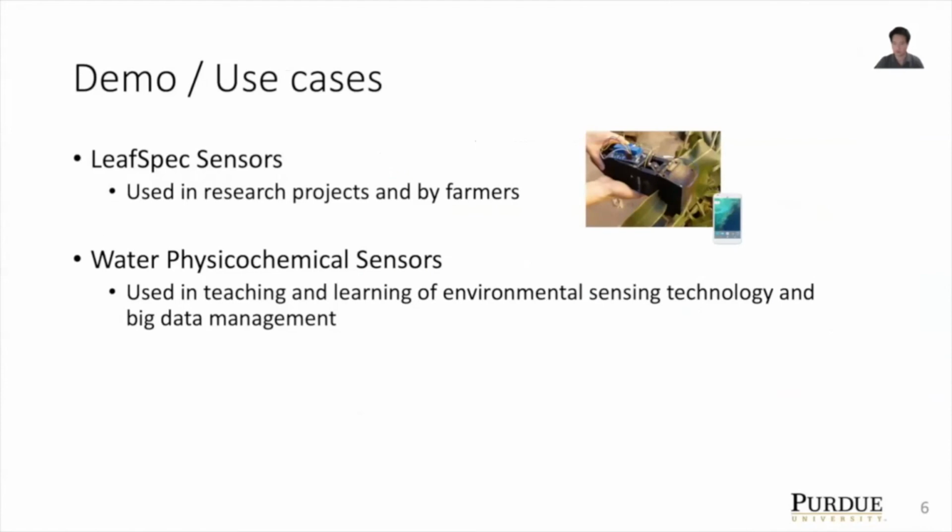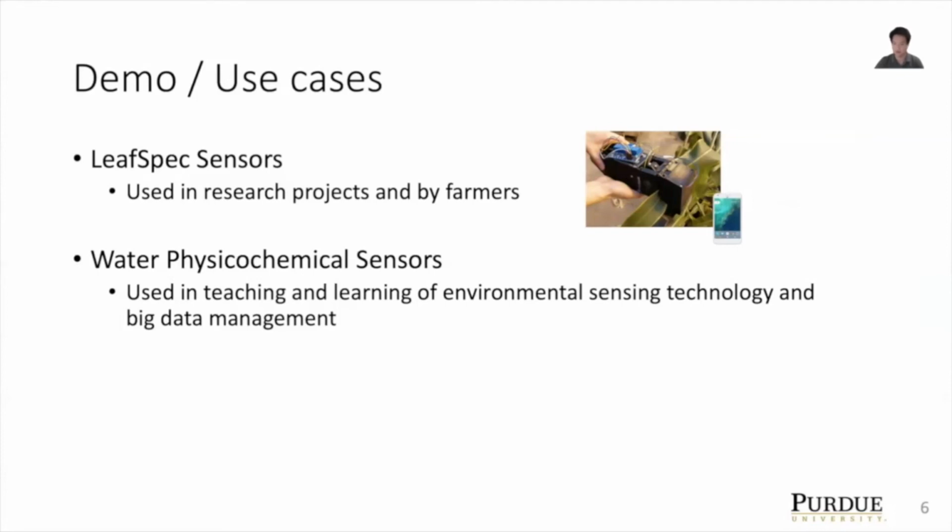So we will show you a demo using SACI with an ongoing project called LeafSpec and a new project called Water Physical Chemical Sensor. In the LeafSpec project, a research group at Purdue University has developed a handheld plant phenotyping sensor device, which is capable of sensing accurate plant health data.